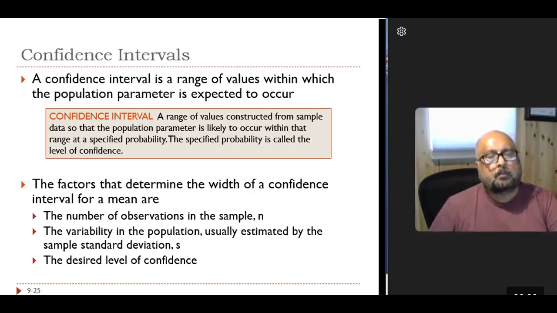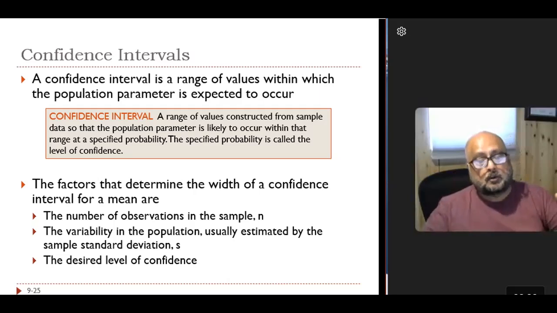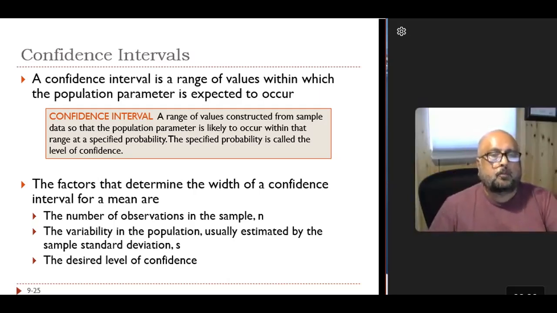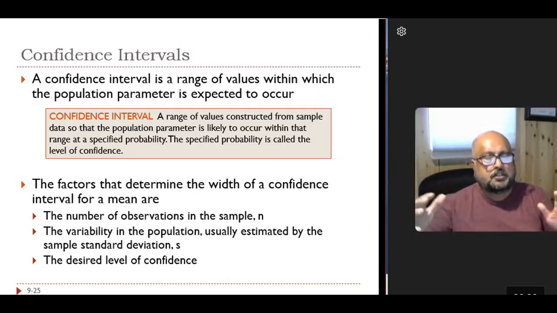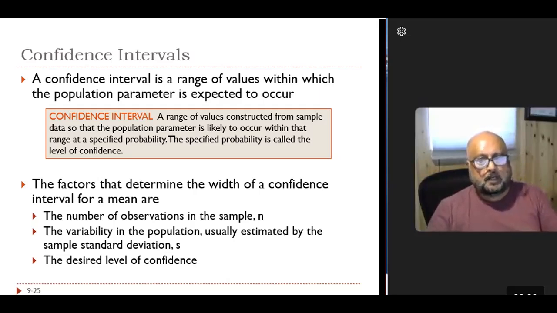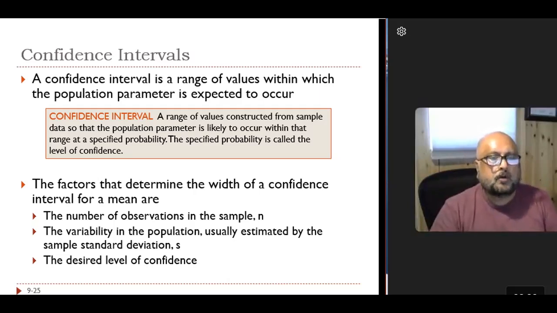Now, point versus interval. So, confidence interval. Again, this is a range within which a population parameter is expected to be, because we are trying to look for the connection of a population to the sample. How confident are we that we can find the value related to the population within the sample?